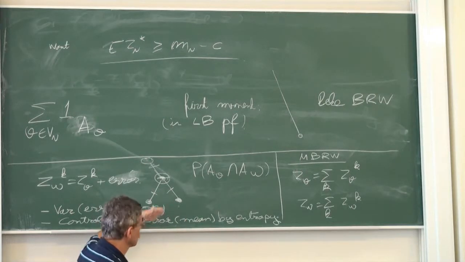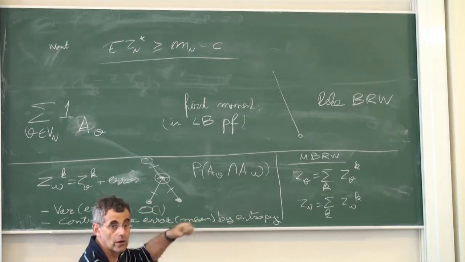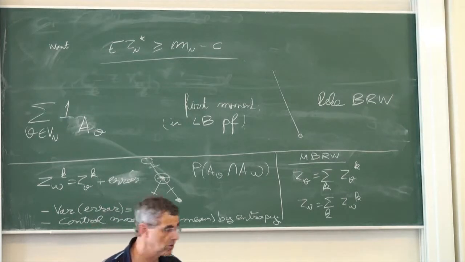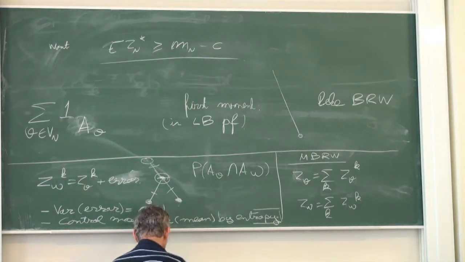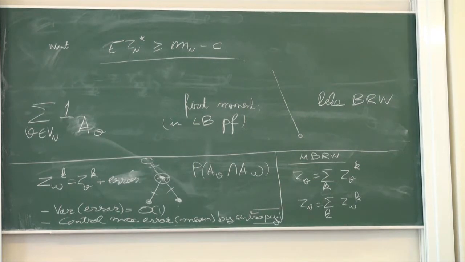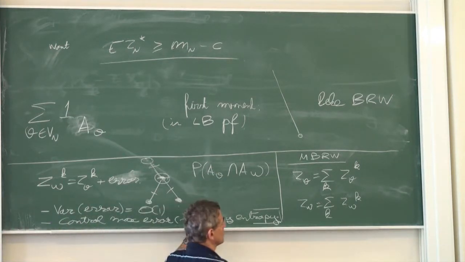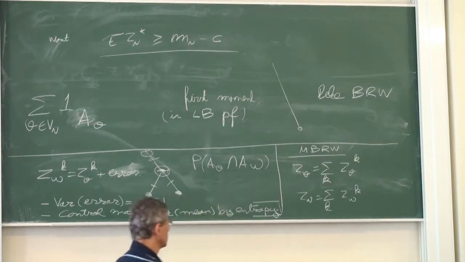So the only issue is to control the maximum of this error I'm making when I'm doing this comparison, and this is controlled by an entropy. And as I said, I'm running out of time, so I don't want to get into this actual control, and also it's pretty technical, so I don't want to do that.